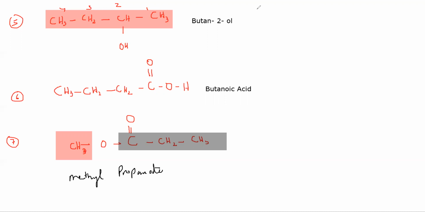And the last example for this: CH3, CH, and CH3. What is the name of this compound?